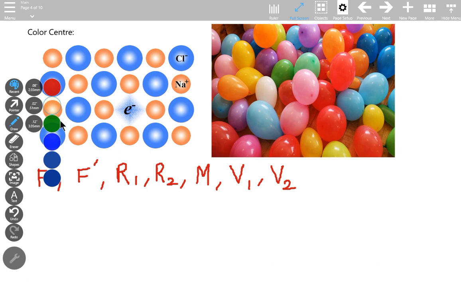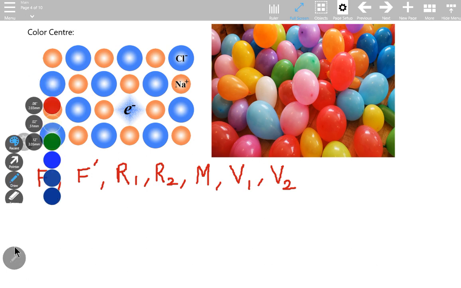So what is meant by F center? F center is a kind of trap for an electron, where the electron is trapped by some vacant site which a negative ion should have.